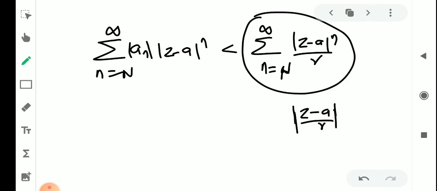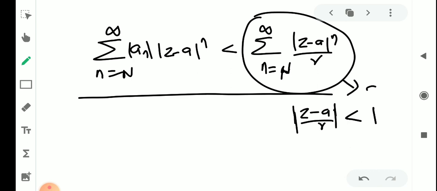That is, the series on the right side in this inequality is a geometric series with the common ratio less than 1. Therefore we know that a geometric series converges when the modulus of the common ratio is less than 1. Therefore the series on the right side converges.